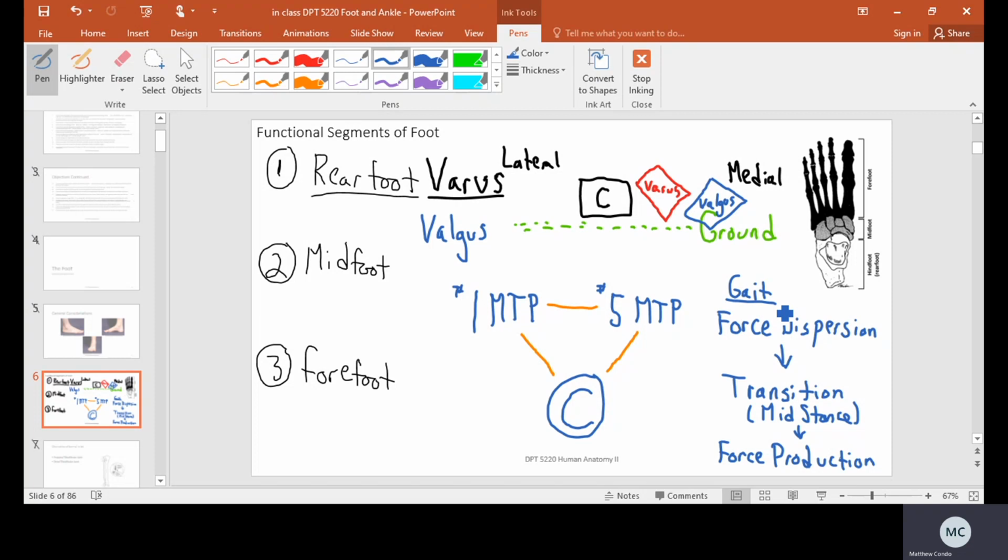When I am trying to produce force, do I want my foot to be flexible or rigid? Rigid? Actually, this does not depend. This is one of those times where it doesn't depend. Now, what will depend, to make you feel better: I can give everyone the it depends answer, is how that person gets there is variable.